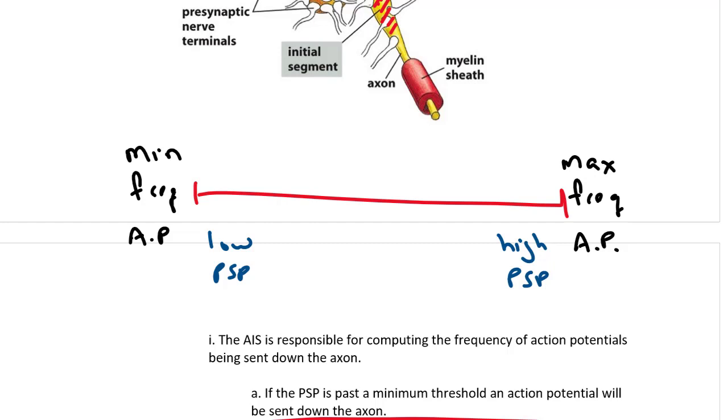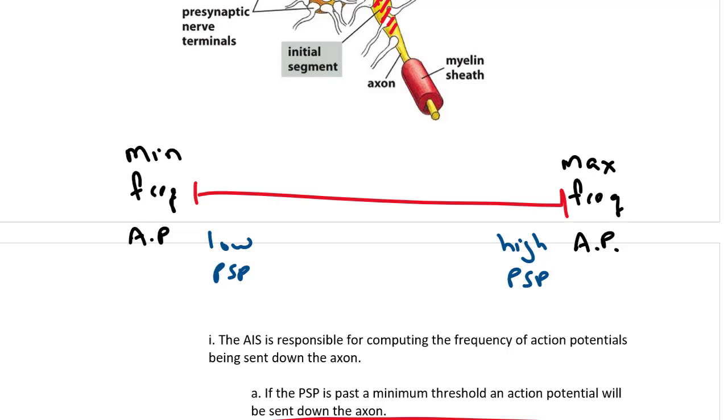And that strong signal will be in the form of high frequency action potentials. Whereas if the excitatory signals are not that strong and you have some inhibitory signals coming in, then you'll have a low PSP. And if that PSP is past the threshold level, then you want to fire a signal down the axon that matches the signals coming in to the soma and the dendrites, so you would want a lower frequency of action potentials being fired.